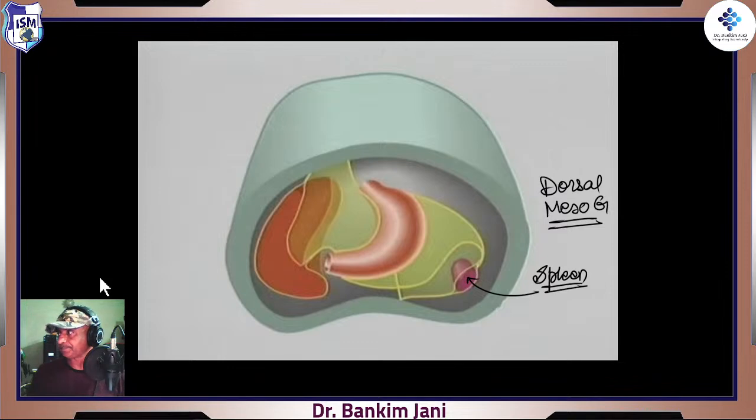Yes, it will come, definitely. Because if there is a lesser sac, there has to be a greater sac, otherwise they would have named it just sac. So this is the dorsal mesogastrium and this is the spleen.